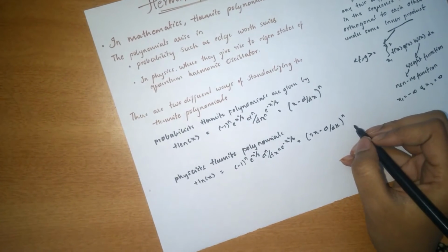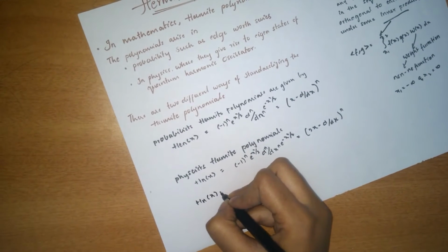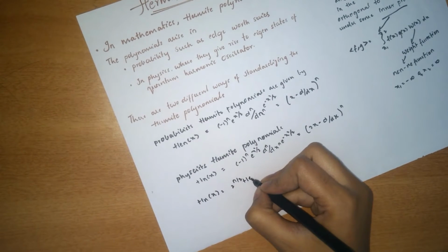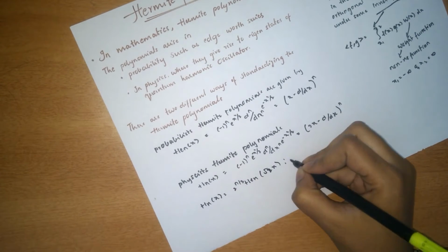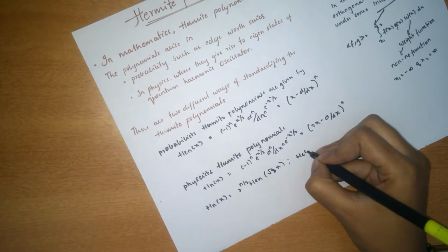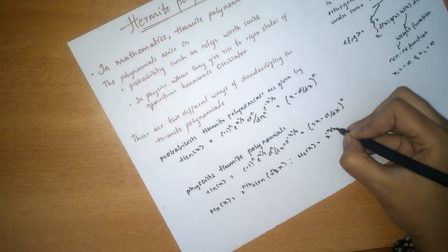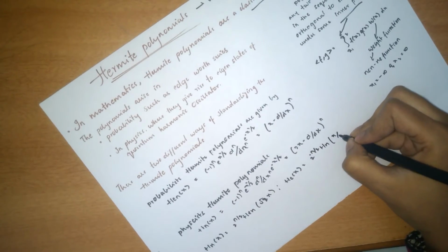Each one is a rescaling of the other. That means H_n(x) equal to 2^(n/2) He_n(√2 x), and also He_n(x) equal to 2^(-n/2) H_n(x/√2).